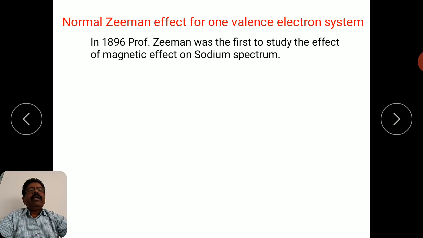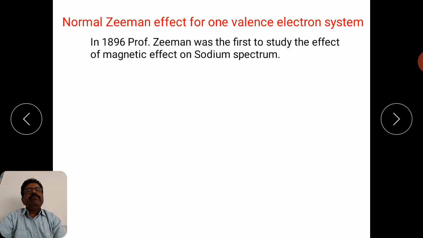So in 1896, in the initial stages, Professor Zeeman was the first to study the effect of magnetic field on sodium spectrum. He kept a sodium flame in between two pole pieces and observed the spectra of sodium.